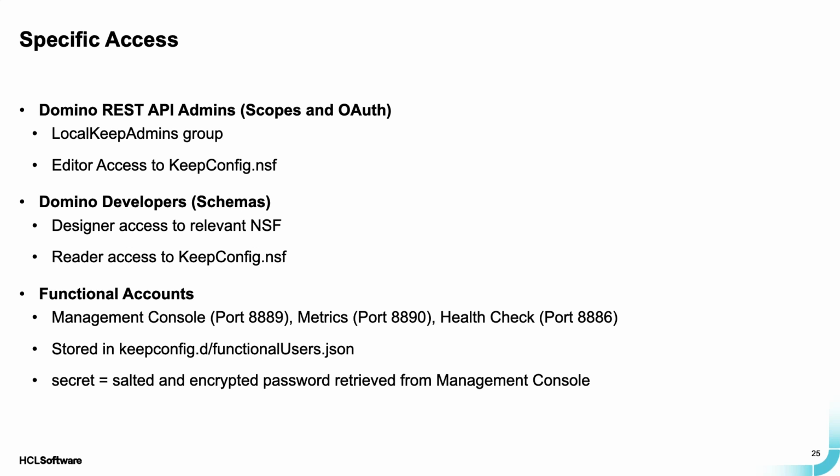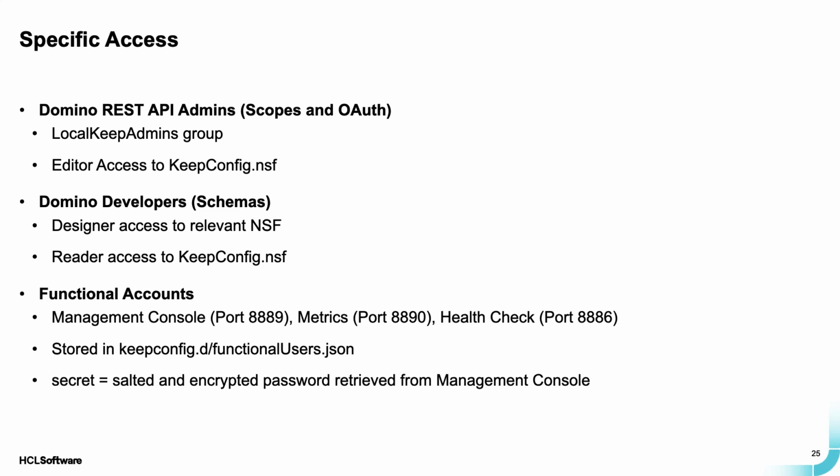Metrics as well, we generate Prometheus metrics. That's running on port 8890. And if you're running in a container, then there's a health check endpoint, which again is running on its own port, 8886. Access to those cannot be achieved via a Domino user login.